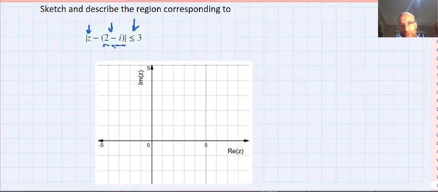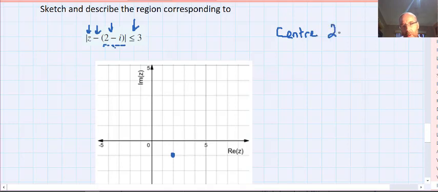And by the way, it's subtraction here because that means the difference between any point z and the center 2 minus i. So we have 2 minus i is the point 2, negative 1, which would be there. So the center is 2 minus i, which in Cartesian form is the point 2, negative 1.